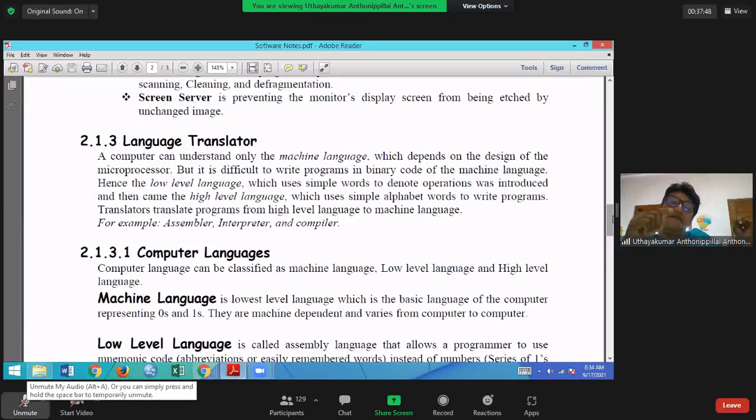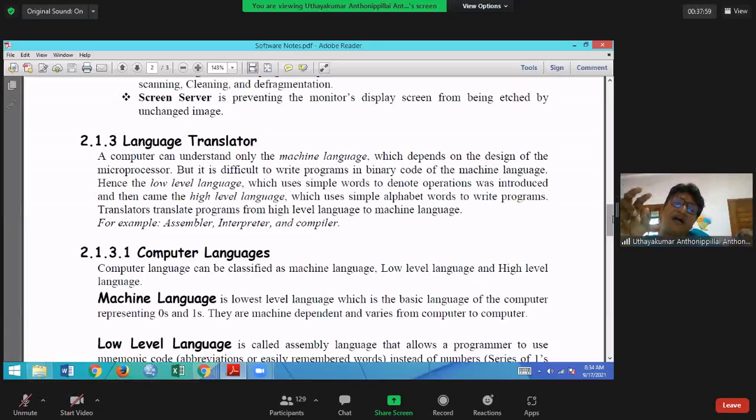Machine language means zeros and ones, a sequence or combination of zeros and ones. Only the computer understands 0 and 1.